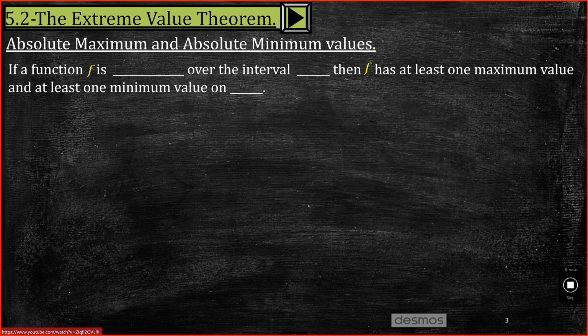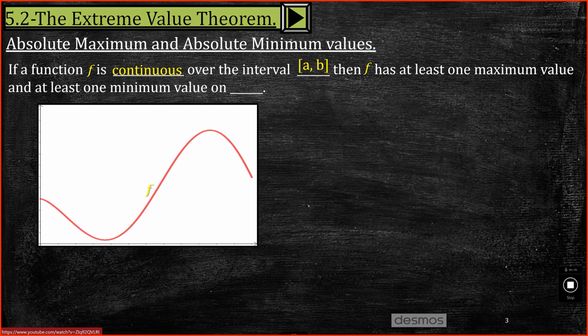If a function f is continuous over the interval including a, including b, from a to b, then f has at least one maximum value and at least one minimum value on a to b.